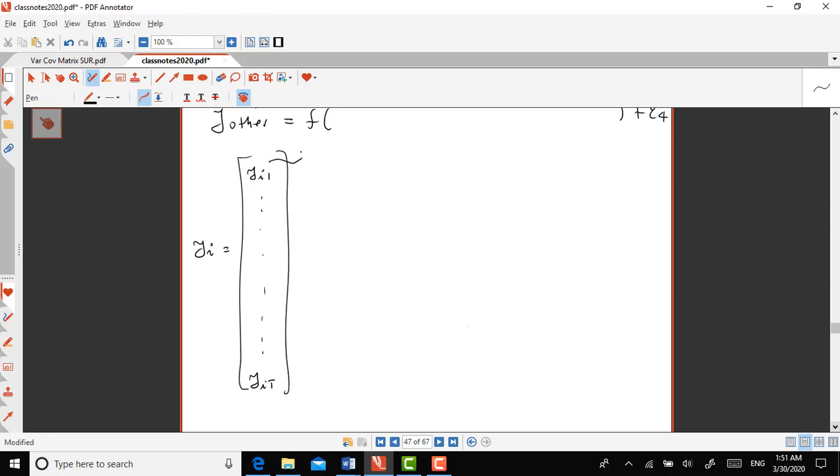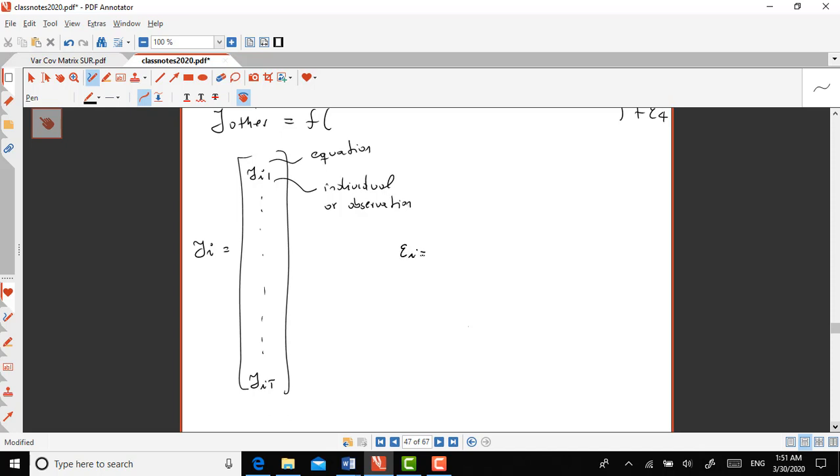So remember, the first index corresponds to the equation, and the second index is going to correspond to the individual or observation. Okay, so it's good to have that in mind.